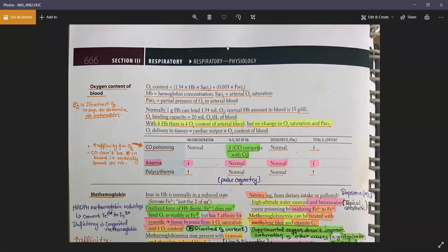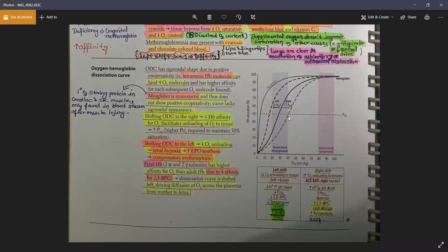So the partial pressure of the oxygen at which the hemoglobin is 50% bound with oxygen, you call the P50 level. So if you require more oxygen for 50% of hemoglobin to bind with oxygen, would you call it a high affinity or a low affinity?